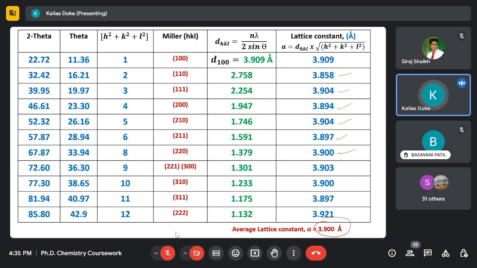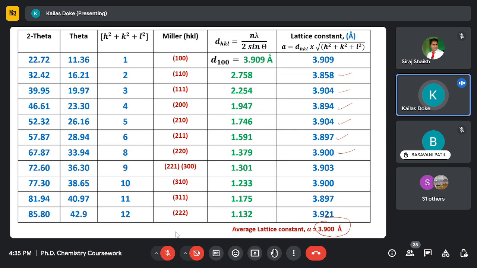Okay, so such type of analysis we can do manually in our calculations of our diffracted peaks, if it is not already indexed. If it is already indexed, we can do the calculation from this slide only. We can determine the d values, the distance between two diffracted planes, or the lattice constant for that particular crystal system.